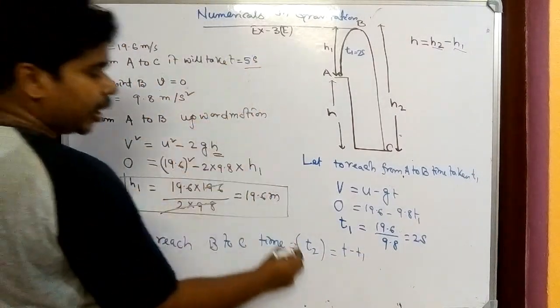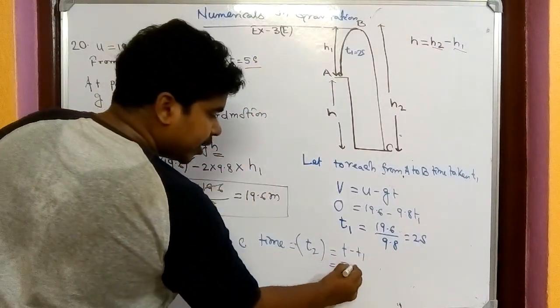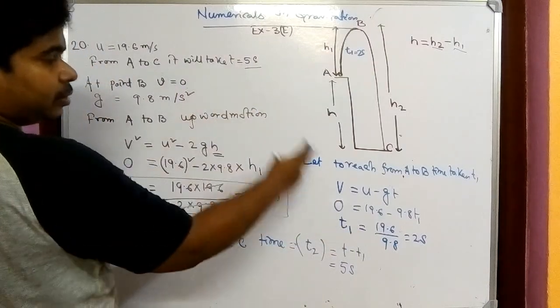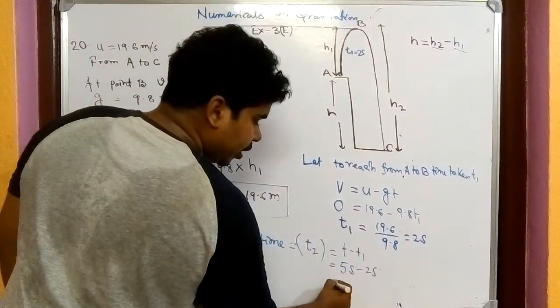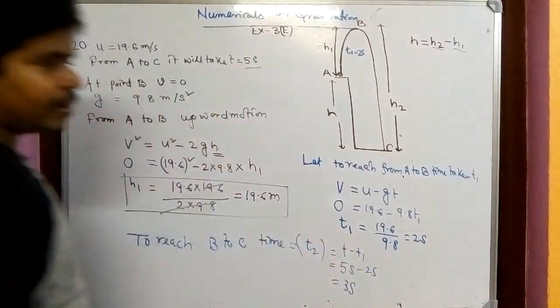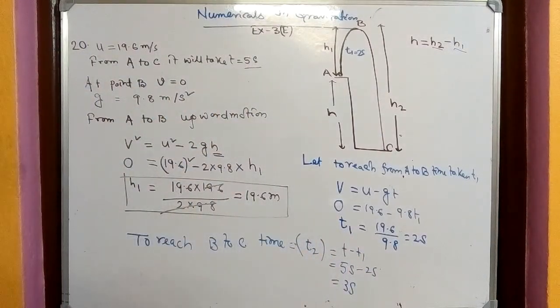T is the total time, 5 seconds. T1 is the time to reach A to B, that is 2 seconds. So it is 3 seconds. So the time taken from B to C is 3 seconds. That we have found out.